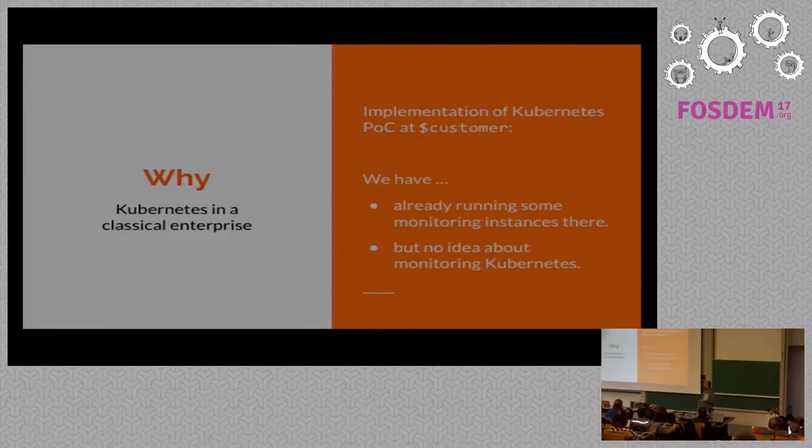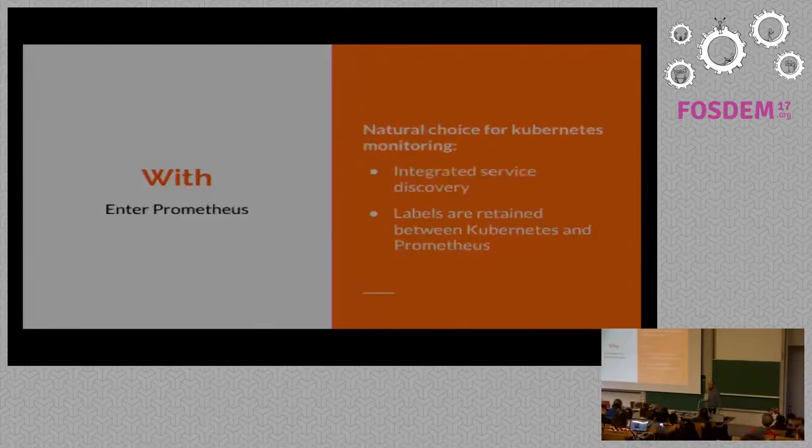To be more precise, it is an OpenShift environment, but from a monitoring point of view, it's quite comparable, at some unknown Munich car manufacturer. So it was a quite nice chance for us. And we have already monitoring instances there running. So it was obvious that we should try to monitor Kubernetes there, but we did not have any clue about how to do that, especially with Nagios, no way to do.